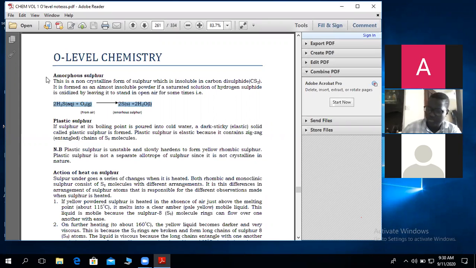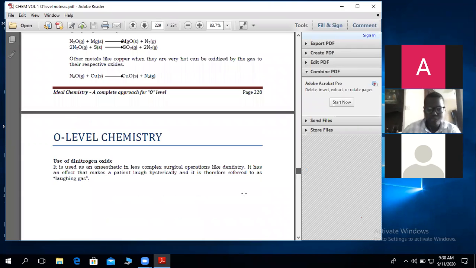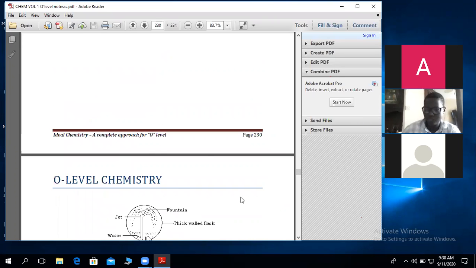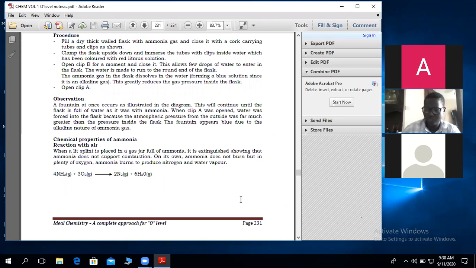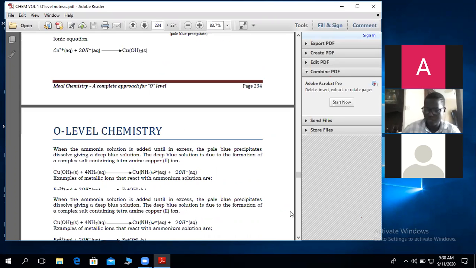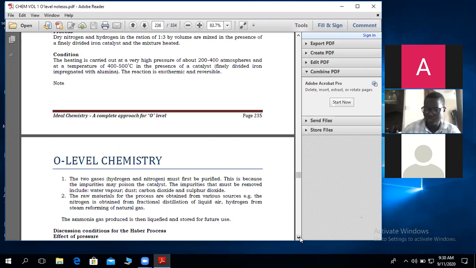Just know that it is another form of sulfur. But the most important ones are the crystalline forms of sulfur, which we have said are monoclinic sulfur and rhombic sulfur.